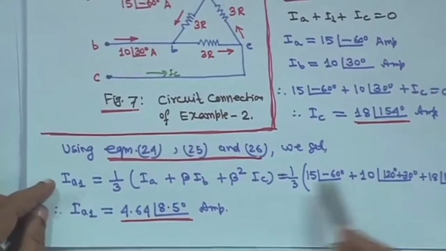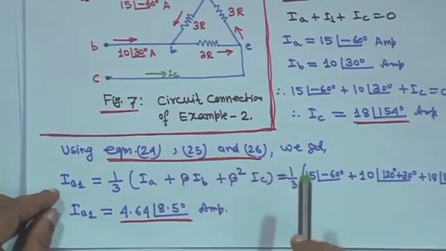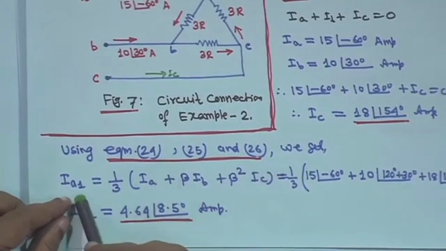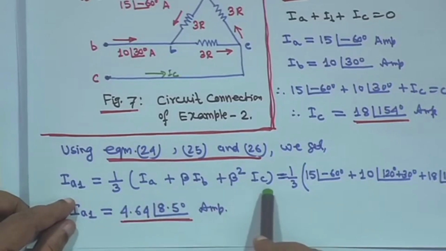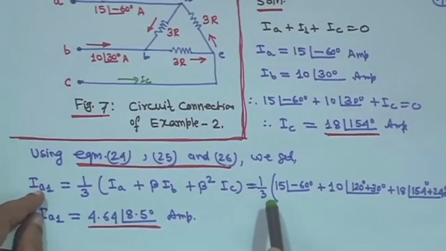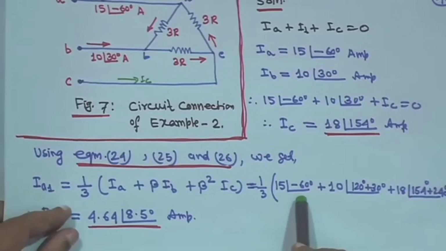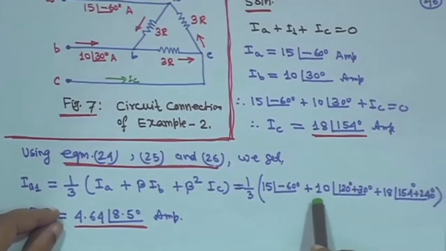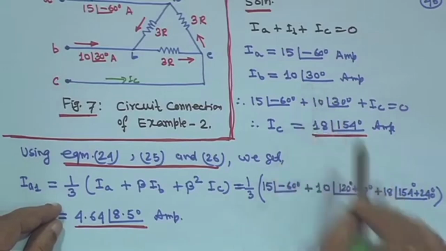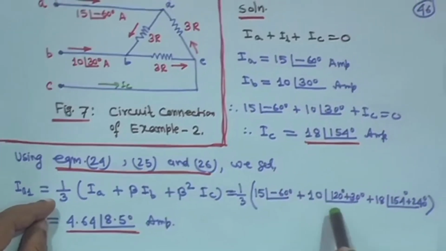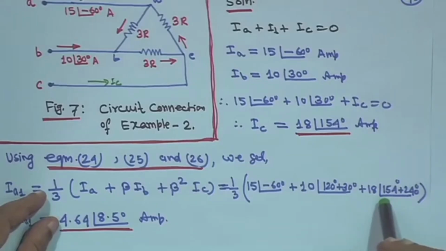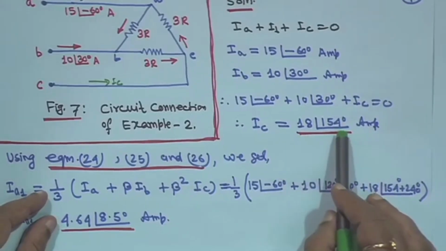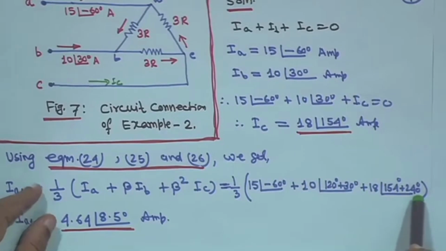Now, using equations 24, 25 and 26, equation 24 is IA1 is equal to 1/3 of IA plus beta IB plus beta square IC. So, it is 1/3 of IA, 15 angle minus 60, plus IB, which is 10 angle 30, multiplied by beta, so 10 angle 120 degree plus 30 degree, plus IC, 18 angle 154 degree plus 240 degree.